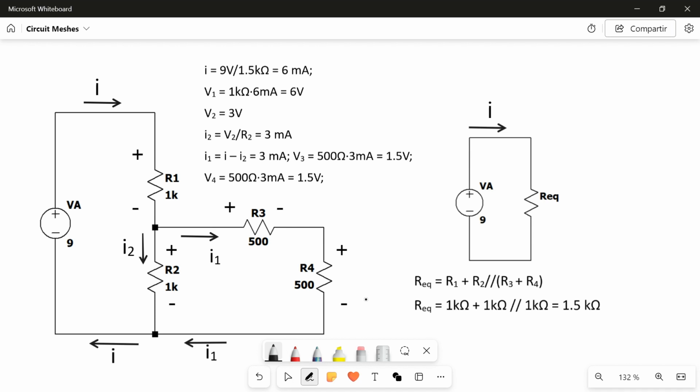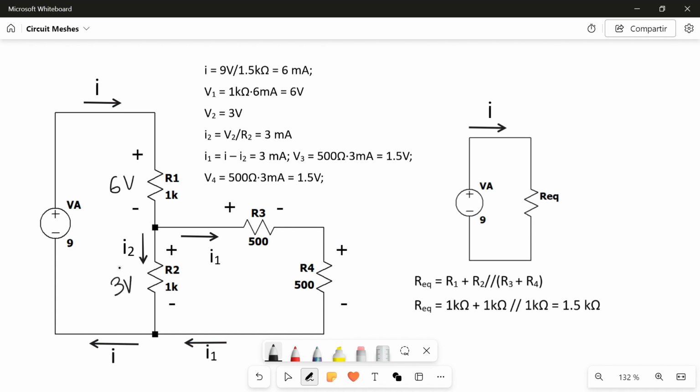I can write this down here. I have 6 volt here on R1, and I know that this mesh must give me 0 from the algebraic sum of the voltages. I have 9 volt here, I have 6 volt here, so I must have 3 volt on R2, because 6 plus 3 is 9.